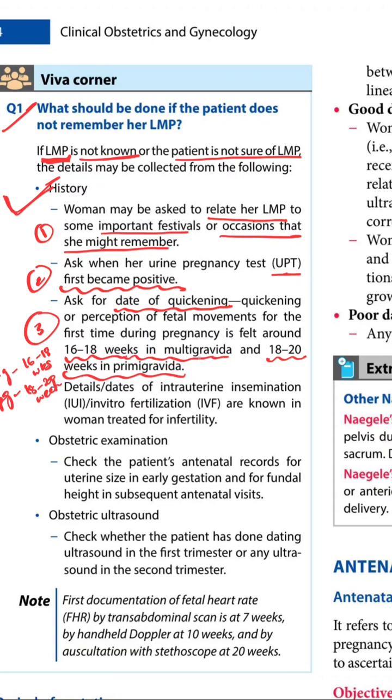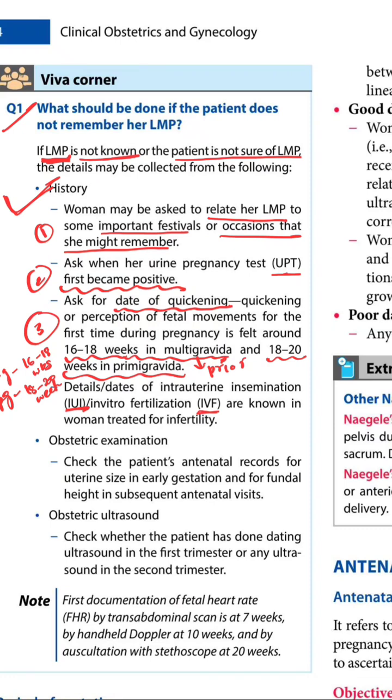Now, details or dates of intrauterine insemination, IUI, and in vitro fertilization, IVF, are all known in women treated for infertility.